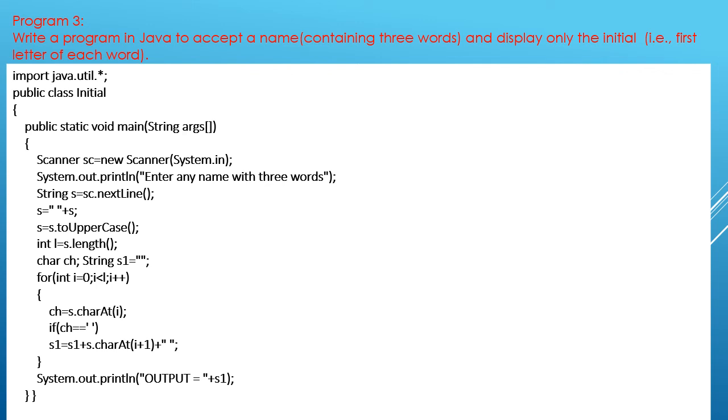If ch is equal to space, then the next character is found by using s1 = s1 + s.charAt(i+1) + space. Continue the loop till the end of the characters. After finishing the loop, what is stored in s1 is the initials of each word. Thank you.